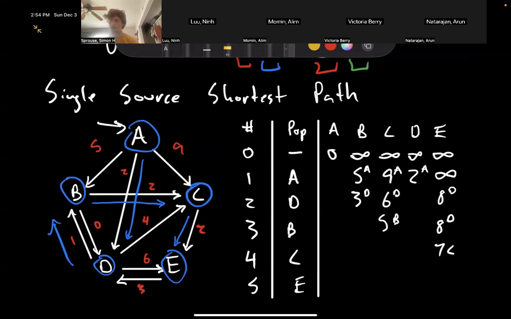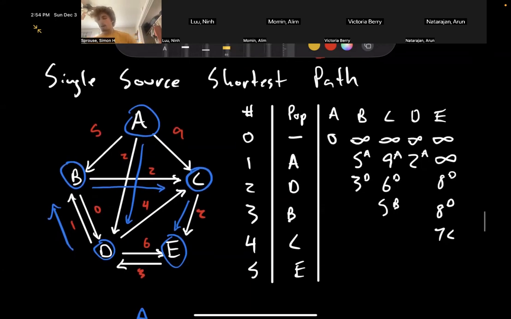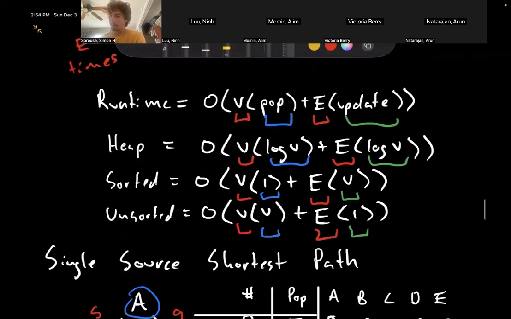Like in all of our examples, we're starting at A just to keep it reasonable and consistent. And so when we run Dijkstra's, we arbitrarily pick a starting point. And from that starting point, we're going to run all of these steps that I listed up here.